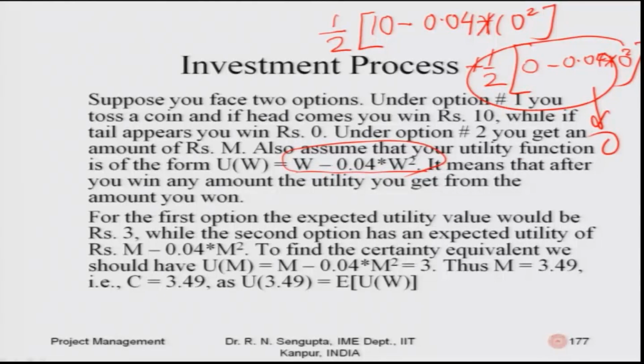So you calculate 10 minus 0.04 into 100 and then you divide by 2, and the expected value comes out to be 2. Let me calculate, just give me 1 minute. The first option would be 3, while the second option with expected value of this, let me calculate.